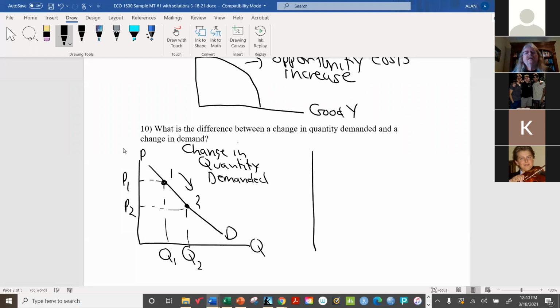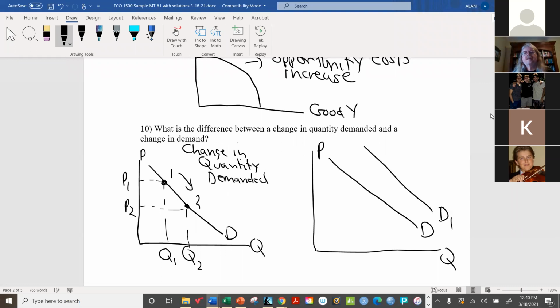And then in this second case, the entire demand curve shifts, and it could go either way. Actually, let's call this D1 and D2, and D3, because we have to allow for both possibilities. This, of course, is an increase in demand.